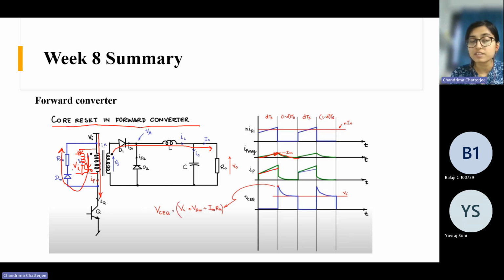Because there is an LM and an RM. This is an RL circuit. Okay, and the time constant tau will be LM by RM.